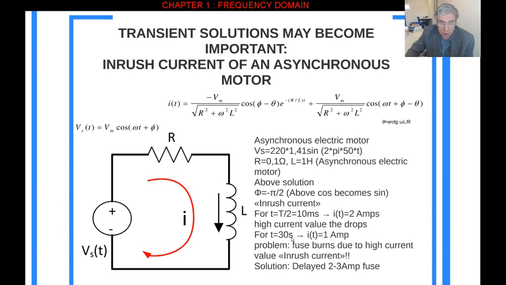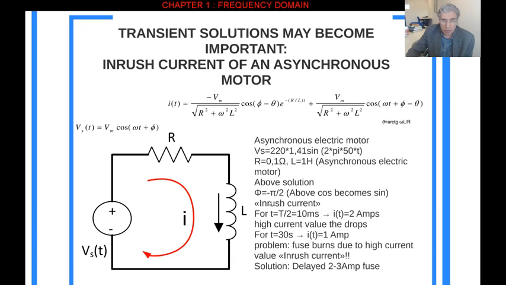At 30 seconds it is going to be 1 amp, so it drops immediately. What this means is: if you want to protect the motor from the high current value, you're going to put a fuse here. Let's say your motor properly works at half amp. Then if you put a 1 amp fuse here, that is going to burn if the current is more than 1 amp.